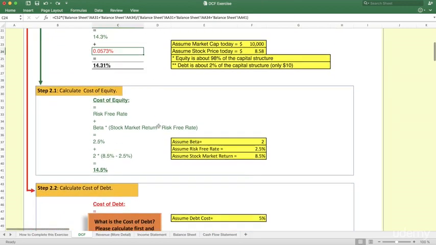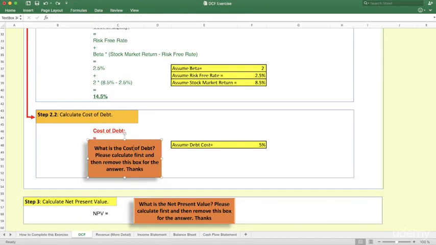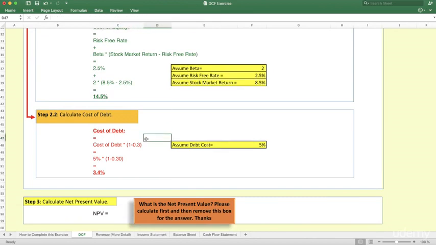So let's go here. What is the cost of debt? Okay, I'm going to get rid of this one. Okay. All right, so the cost of debt is basically a function of whatever the bank is going to charge you to get a loan, times 1 minus the tax rate, okay?